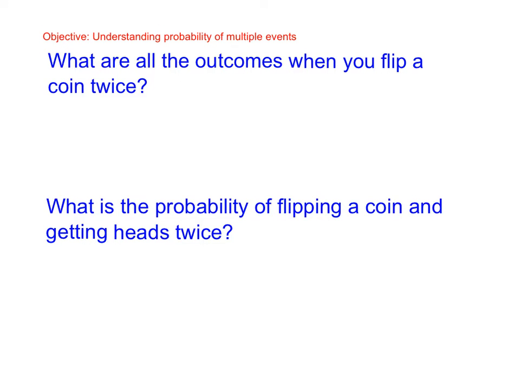All right. What are all the outcomes if I flip a coin twice? If I flip it the first time, I can get heads or I could get tails, right? And then the second time, I can get heads, then I can get tails. So how many different outcomes are there really?